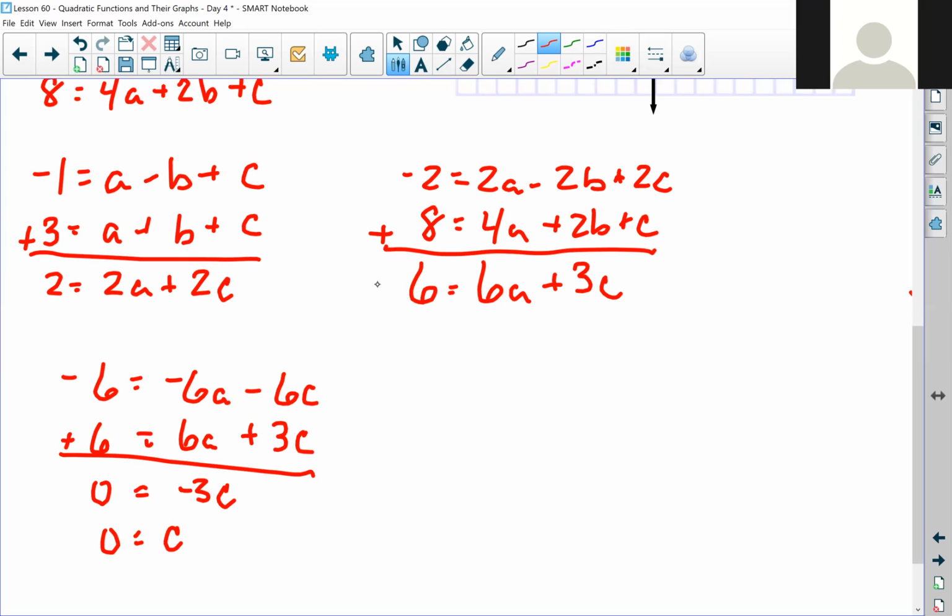Take that, plug it into one of my two equations that I got by eliminating the b. So 2 equals 2a plus 2 times 0.